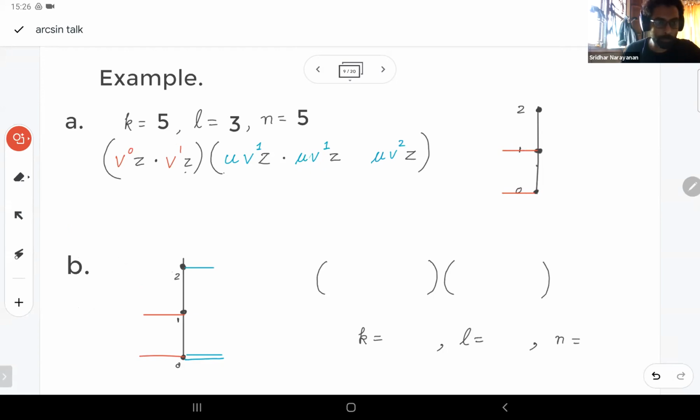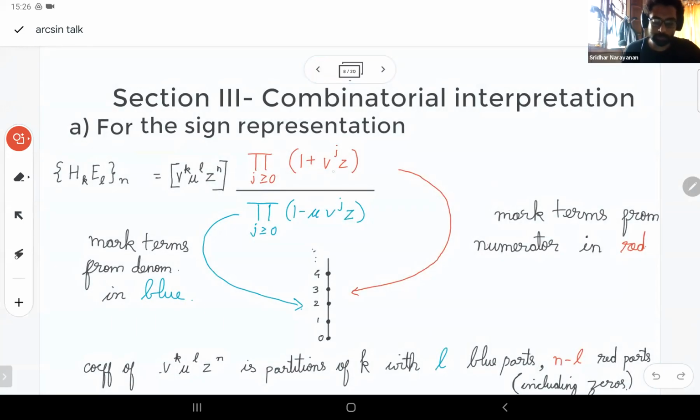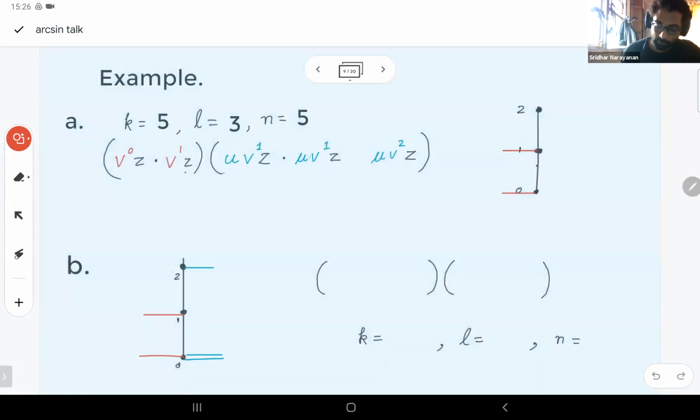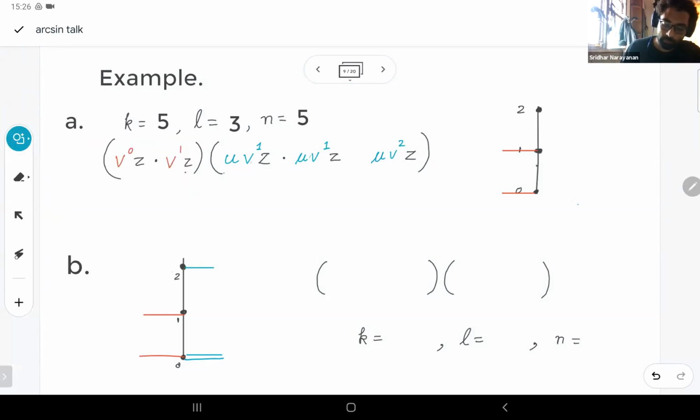And the terms that come from the numerator are distinct, right? I hope we can see that because none of these are repeated. So we can only choose a level once from the numerator, whereas from the denominator, you can choose it multiple times. Right? So we've marked the numerator terms, and the denominator terms we mark in blue. There's a v raised to 1, so we mark a blue line on v1.